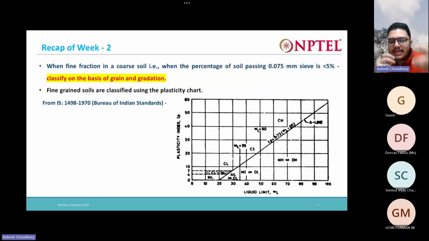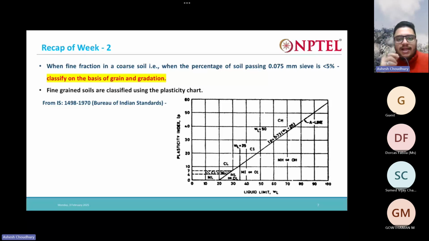If more than 50% by weight of the soil has particles of size greater than 75 micron, that is going to be a coarse grained soil. Coarse soil means the maximum amount of the constituent soil has sizes greater than 75 micron.